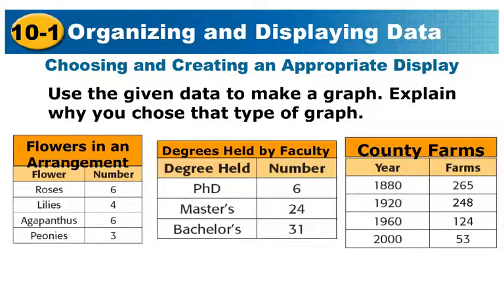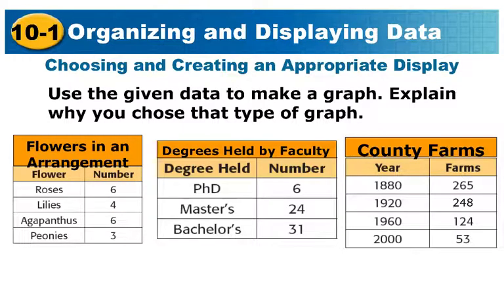We are talking about which one could best be displayed by what we have so far. Using the given data to make a graph, explain why you chose that type of graph. We're not necessarily going to make them, but if we were, what would we use? This first one has flowers in an arrangement, and there are flowers of these 4 types and the number of them here. I'd say a bar graph could work with this.